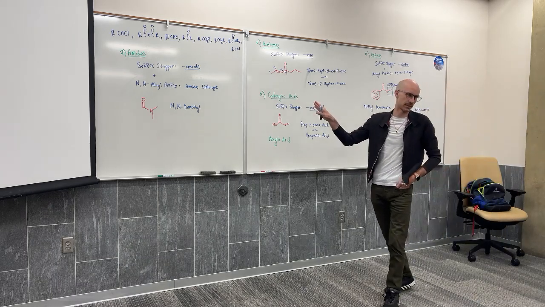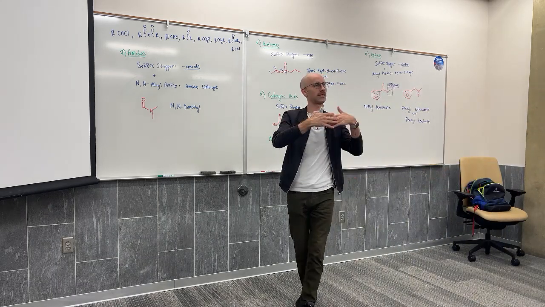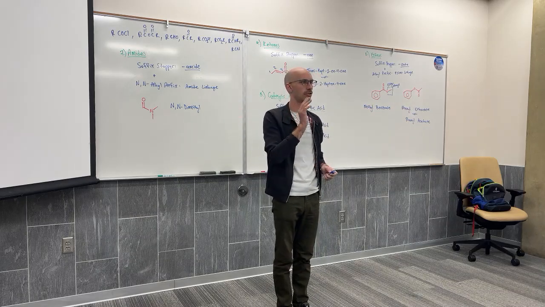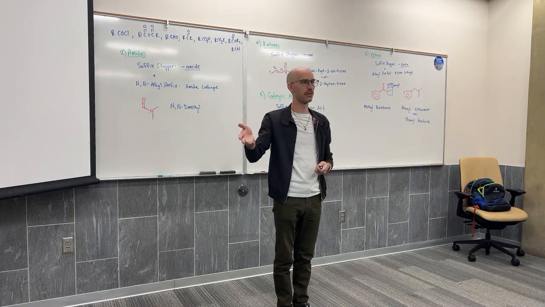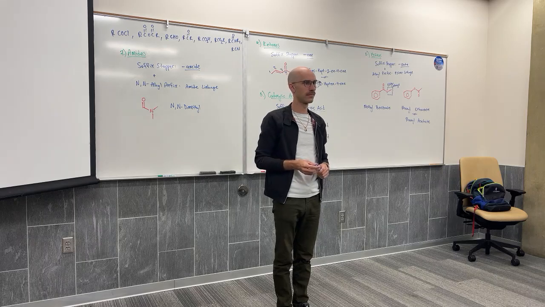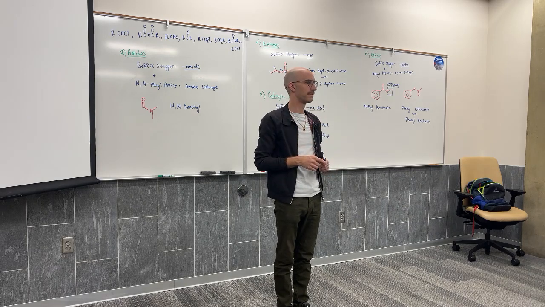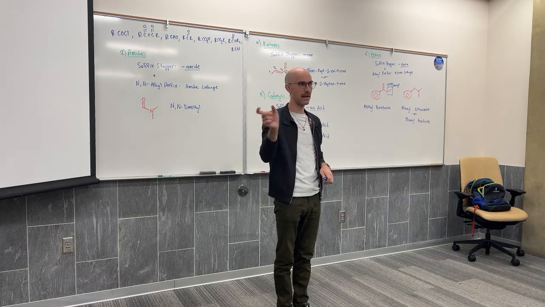Let's imagine it's not attached to nitrogen. It's attached to carbons. How do you list that? Do you say 2,3-ethyl methyl pentane? Should probably be N-ethyl, N-methyl. There's two different groups, so I'll say N has ethyl, N has methyl.